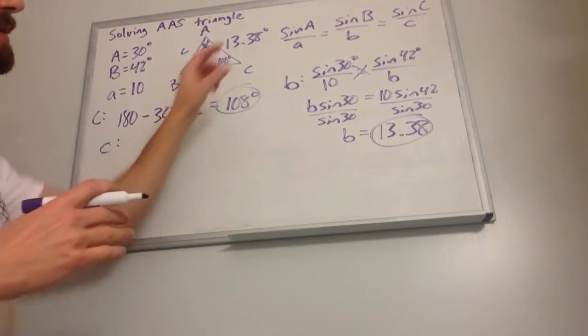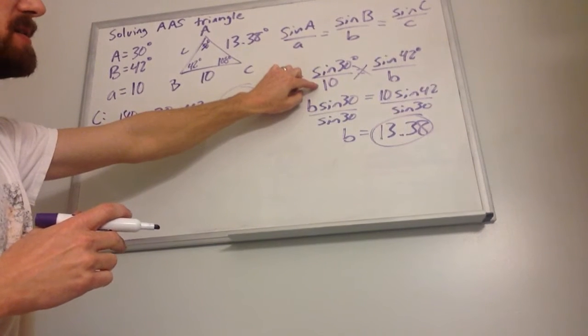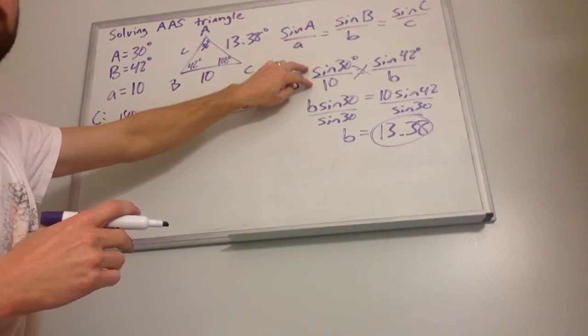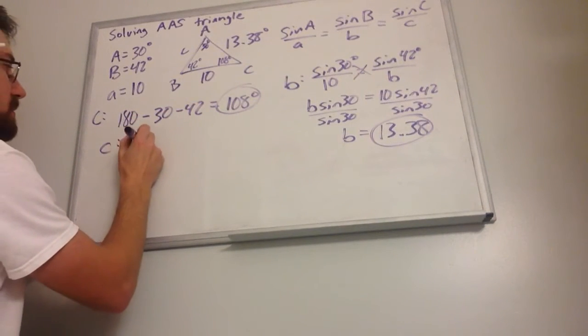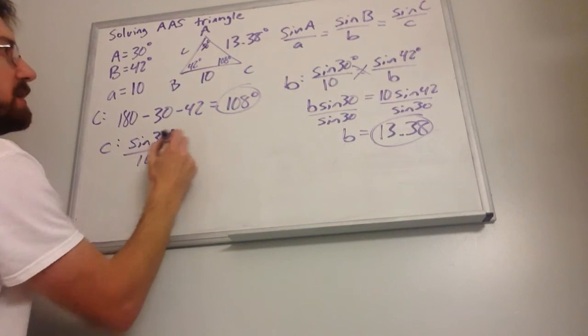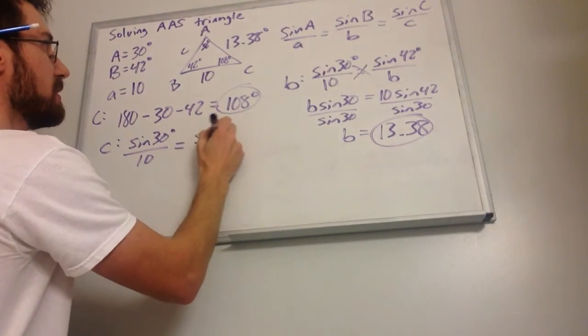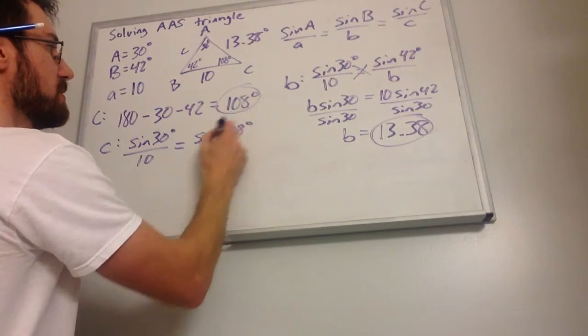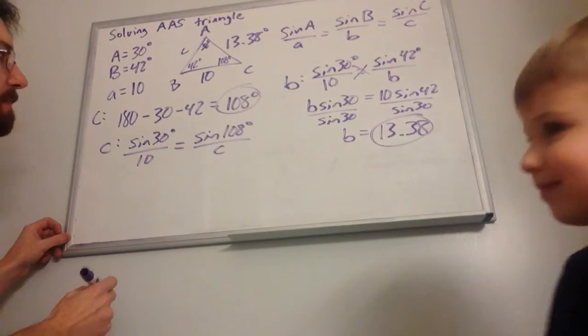I'm going to use sine of A over A, just because I know for sure that these two are correct because they were given to me. So sine 30 over 10 is equal to sine of C, which is 108 degrees, over my missing side C.